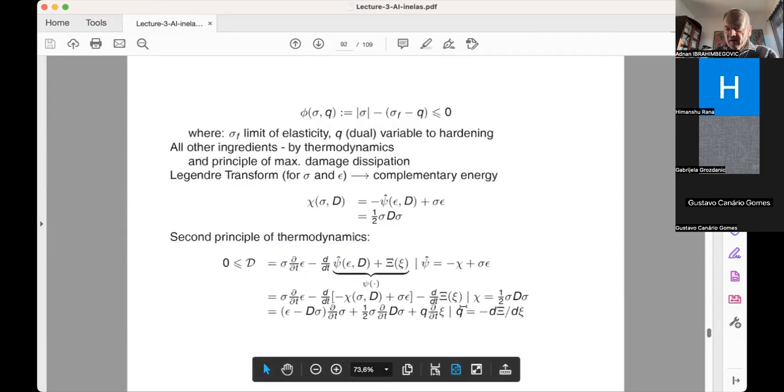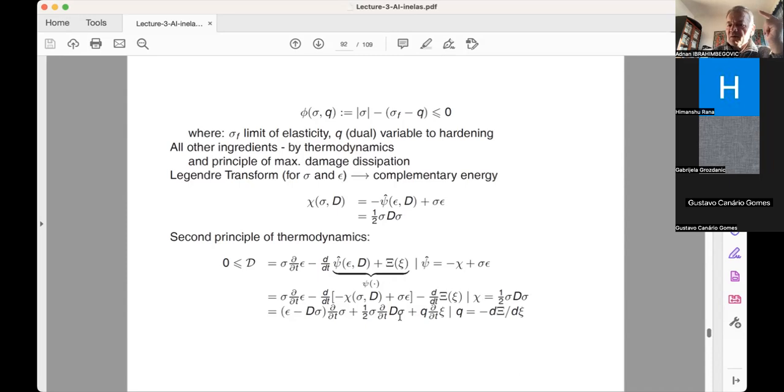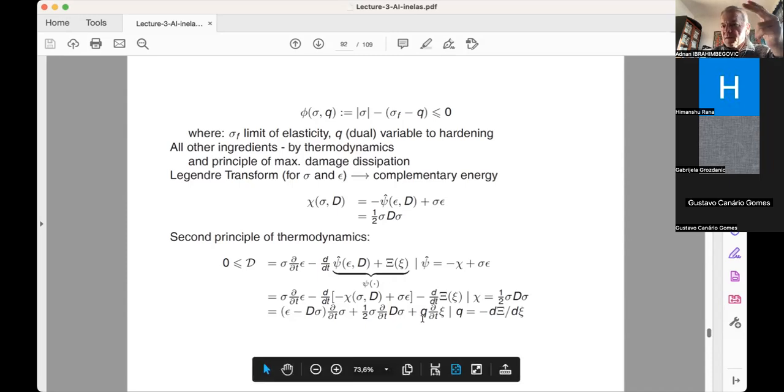And then for the inelastic process, when I have damage, I can still assume that this is valid because the damage is changing much faster than the other state variables. And basically I can define my dissipation as, rather than sigma times epsilon plastic dot as in plasticity, here 1/2 sigma D dot times sigma, plus this term, which is the same as in plasticity, q times psi dot. This is for the hardening variable.